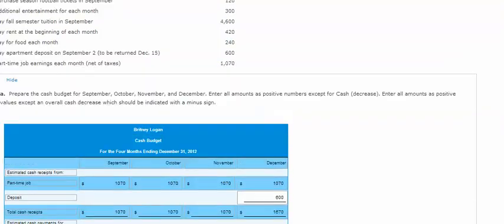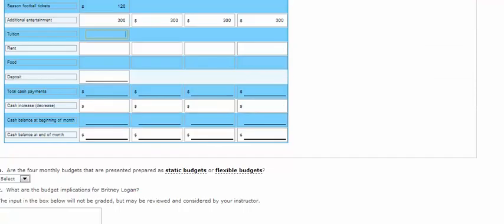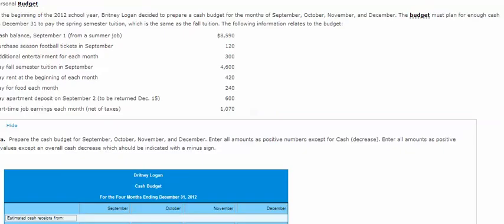Our tuition we have to pay, I can grab that, and the tuition was $4,600. We're going to pay rent each month, and the rent each month was $420.